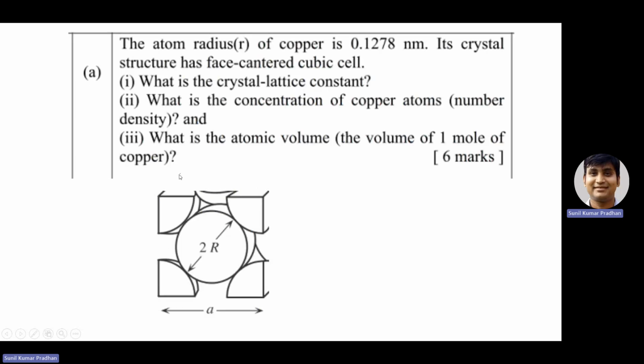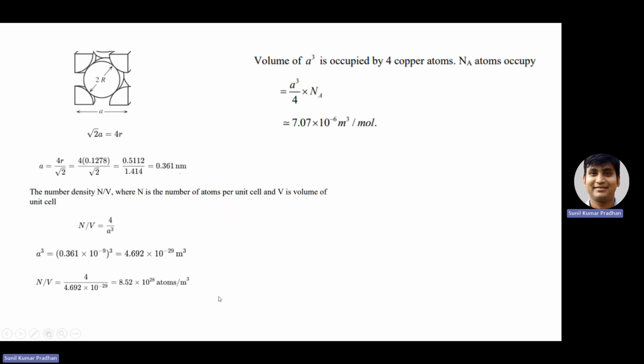Now the second question is, what is the concentration of copper atoms? That means your number density. So how can we find out? Now this number density is nothing but capital N by capital V. The N is the number of atoms per unit cell, and V is the volume of unit cell. The volume of unit cell, as you know, is a cube, where a is your lattice constant.